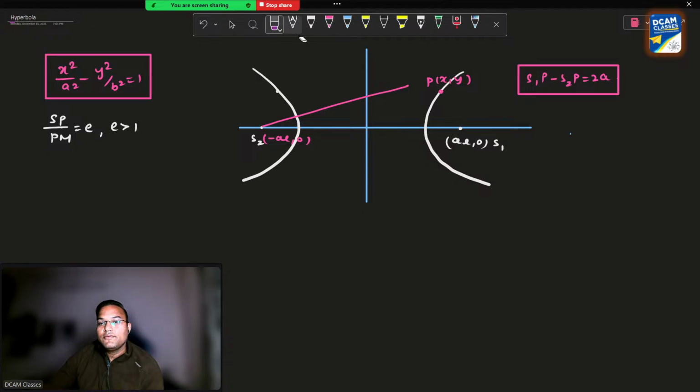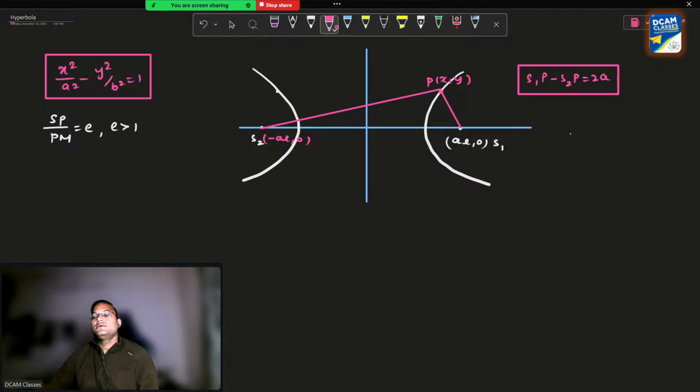If you join S1 with P and S2 with P, you'll get S1P minus S2P is equal to 2a. That's the thing. If you want, I can derive it for you.